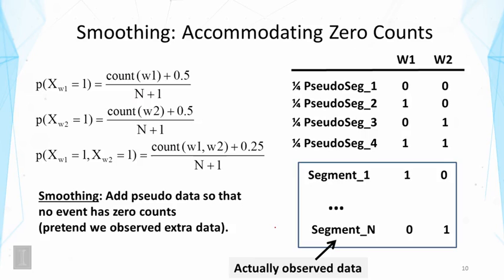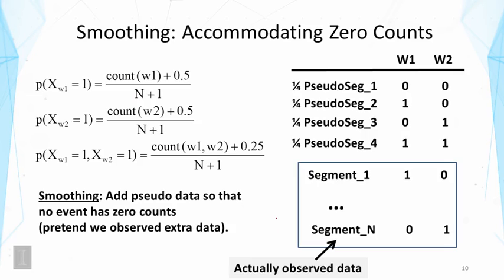Now, the best way to understand smoothing is to imagine that we actually observed more data than we actually have. So we pretend we observed some pseudo segments that are illustrated on the top, on the right side of the slide. These pseudo segments would contribute additional counts of these words so that no event will have 0 probability.